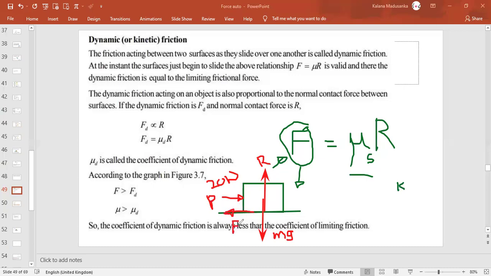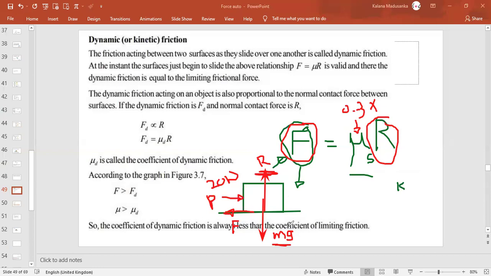This is the friction. In this question, I will give you the mu s value as 0.3. So what is going to be the friction force value then? If mu s is 0.3, what is the R value? R is going to be equal to mg, right? Why? Because in the vertical direction, this object is in equilibrium, but horizontally it is moving.